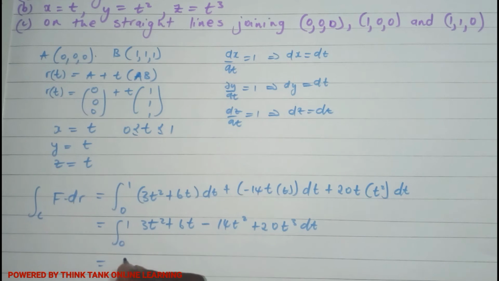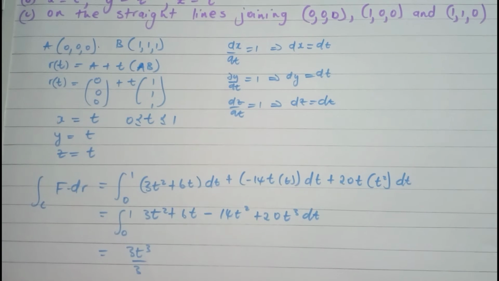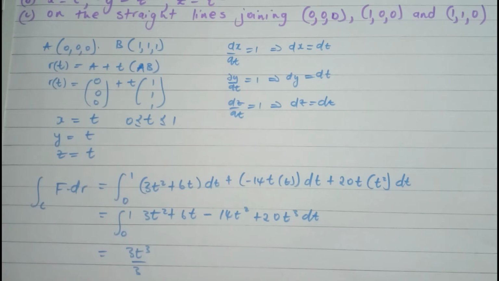If we integrate, we get 3t to the power 3 over 3, plus 6t squared over 2, minus 14t to the power 3 over 3, plus 20t to the power 4 over 4, over the interval 0 to 1.